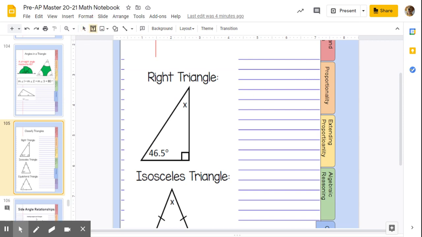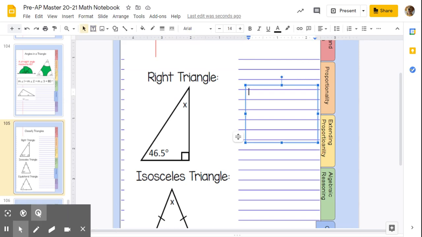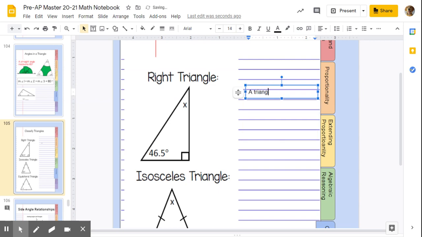A right triangle is a triangle with one right angle.